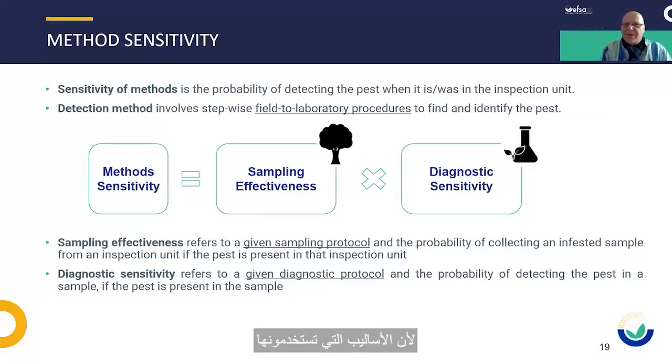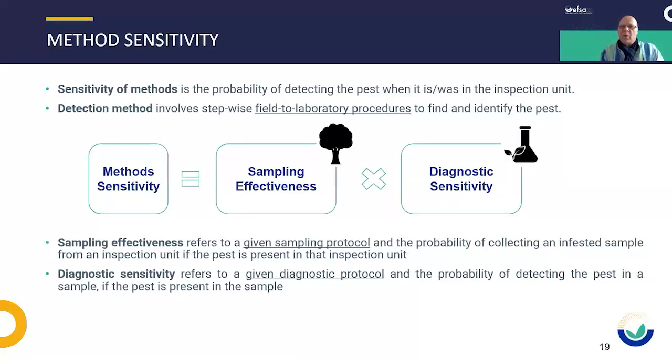Because the method that you are applying on the inspection unit towards the detection of the pest has a sensitivity. This sensitivity is the probability to detect the pest when the pest is or was on the inspection unit. And this method sensitivity is divided in two components. One is the sampling effectiveness. That's the way these samples are taken from the inspection unit and keeping the pest in, if the pest is on the inspection unit.